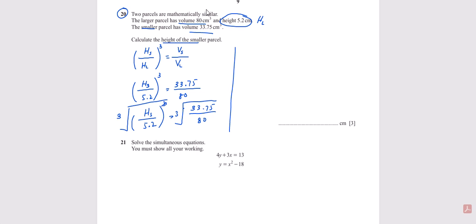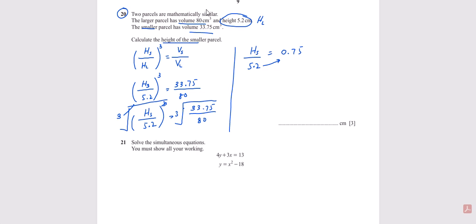So the cube cancels with the cube root, remaining is HS divided by 5.2 is equal to, calculate these values with taking cube root, this is equal to 0.75.